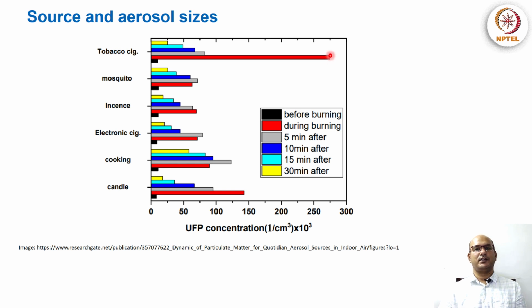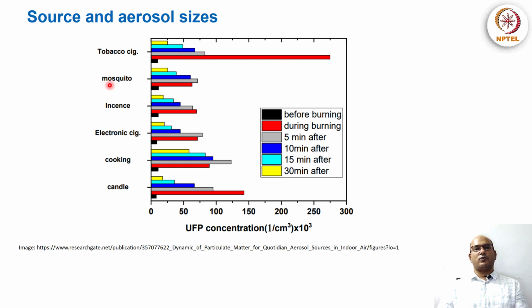Then after the activity is over, 5 minutes later the concentrations drop sharply, and then a little bit more, but even 30 minutes after burning we are still looking at more than 2 times the concentrations in indoor air. But during burning there is a sharp increase.